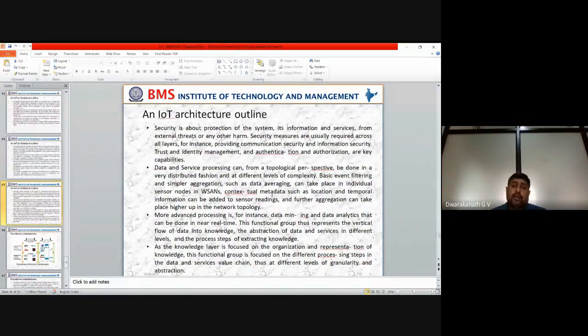Where human interaction will not be there, only sensors and nodes will be there, working automatically. Assume that somebody hacks that particular node, any node it may be, and reverses something. What is the harm? Assume that we are using that project in important things like water quality management, especially in BBMP.